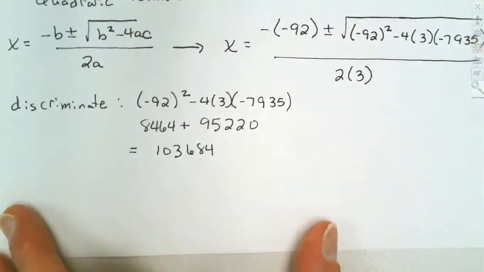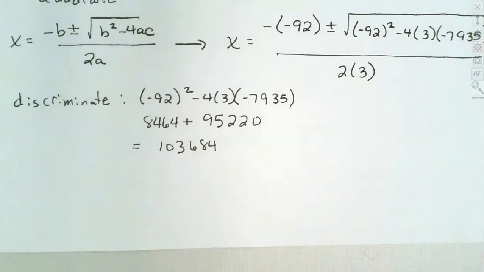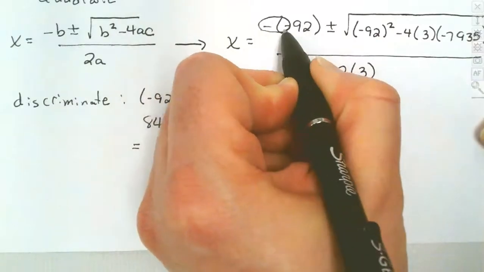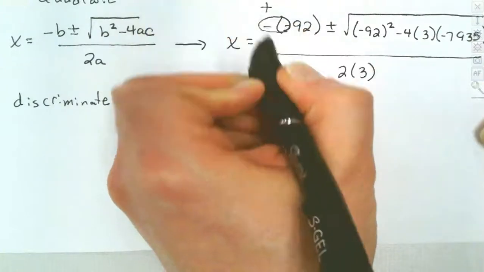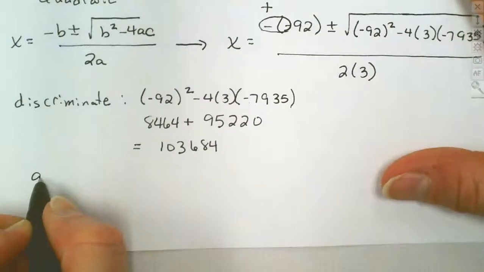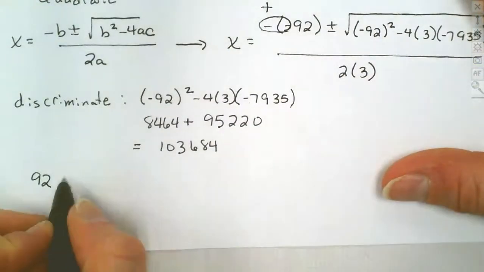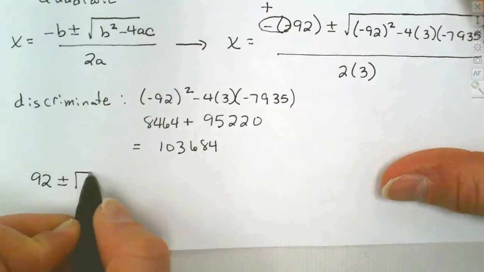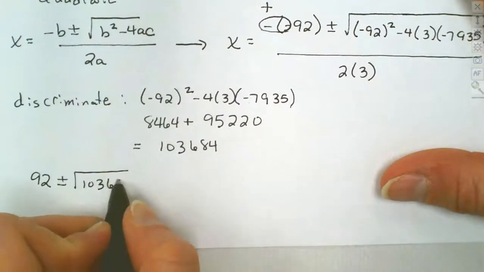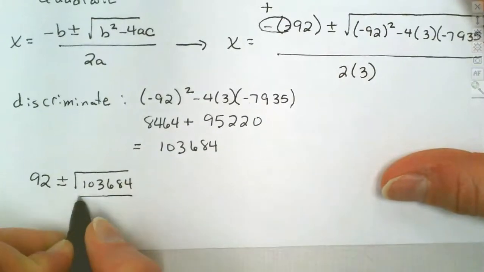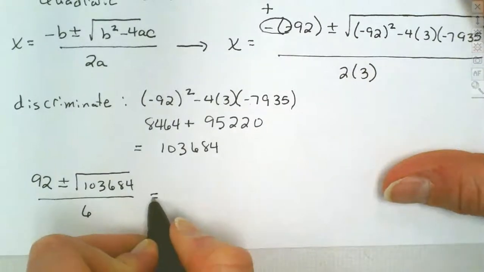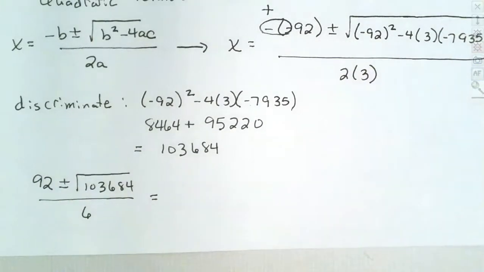These do take a bit of time to go through. Now we can rewrite. We know we have a double negative here. So that double negative is going to make that positive. So now when we rewrite, we've got 92 plus or minus the square root of this 103,684. And 2 times 3 makes it the 6 there. Now we're going to round to the nearest tenth.